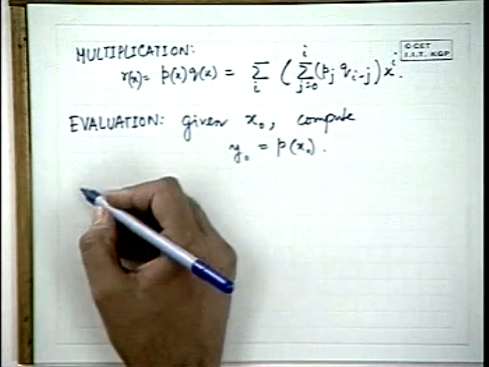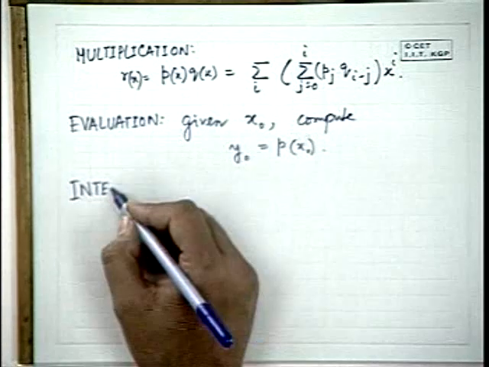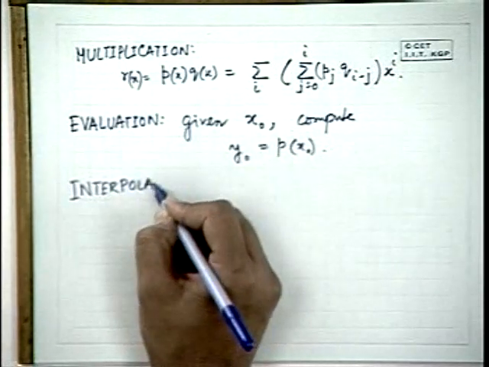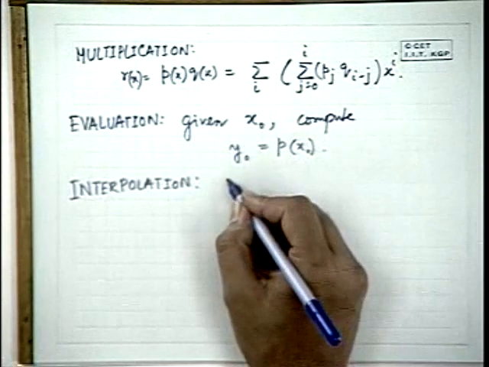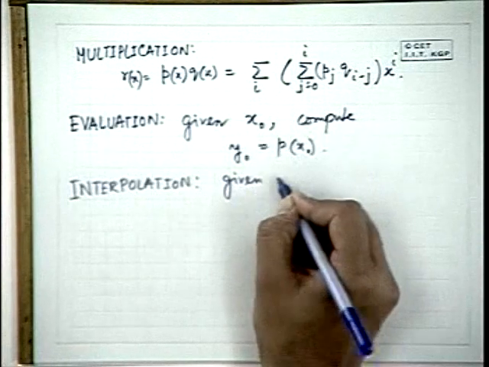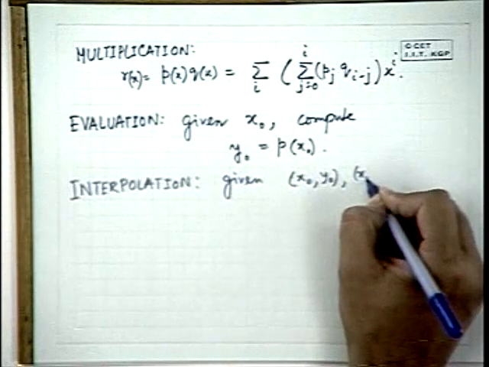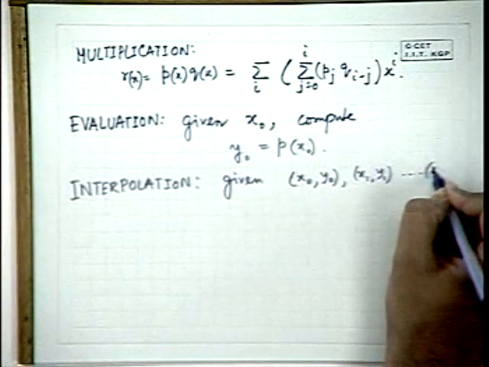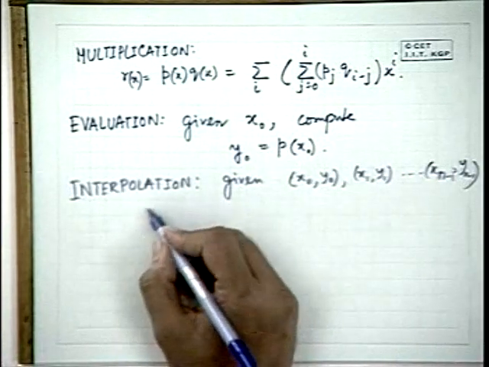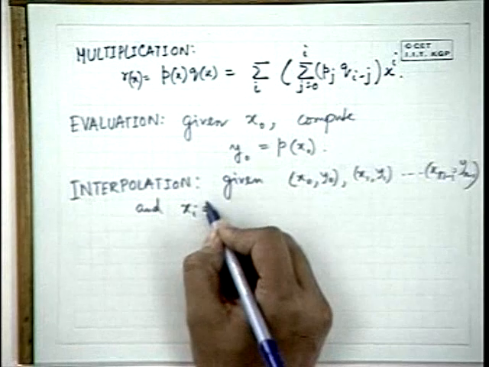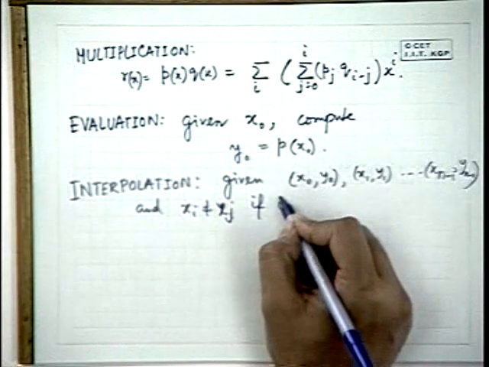That is the next operation, and there is another operation called interpolation. It is just the reverse of evaluation in a sense. So interpolation is, given n pairs of points, basically x0, y0, x1, y1 up to x(n minus 1), y(n minus 1), and xi not equal to xj if i not equal to j.